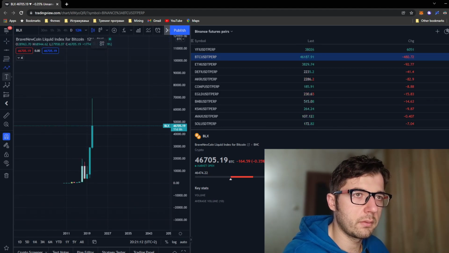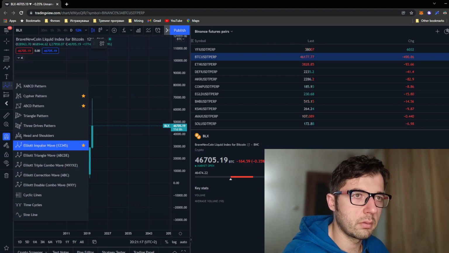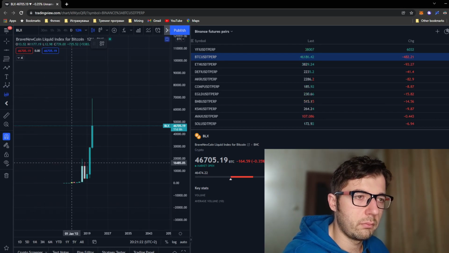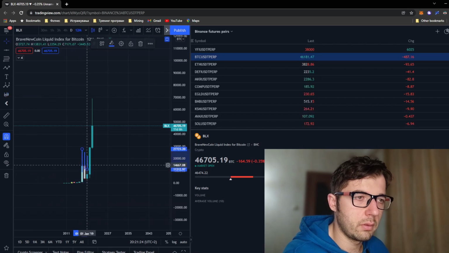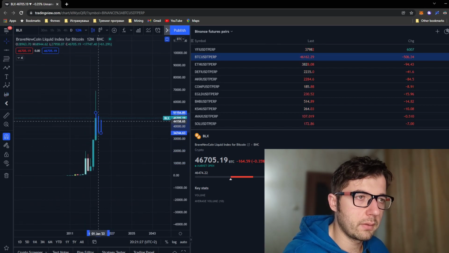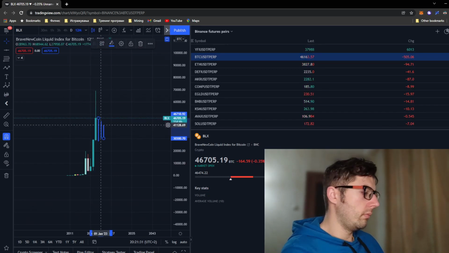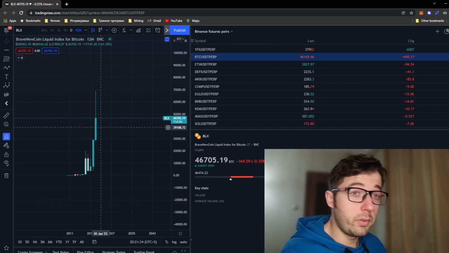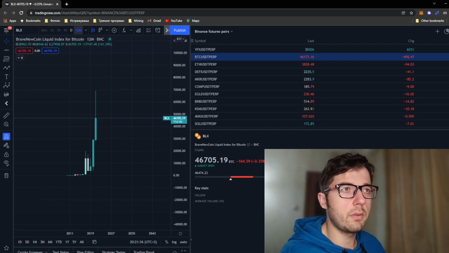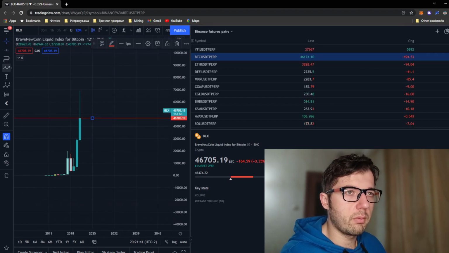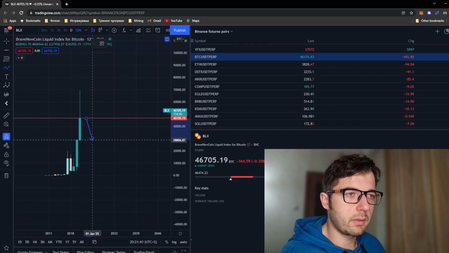The probability is something like this to happen, then continuing higher. Pessimistic view: 2 years of bear market or sideways range, depending on where we close. If we close here, the probability is to do something like this for 2 years, then continue higher.